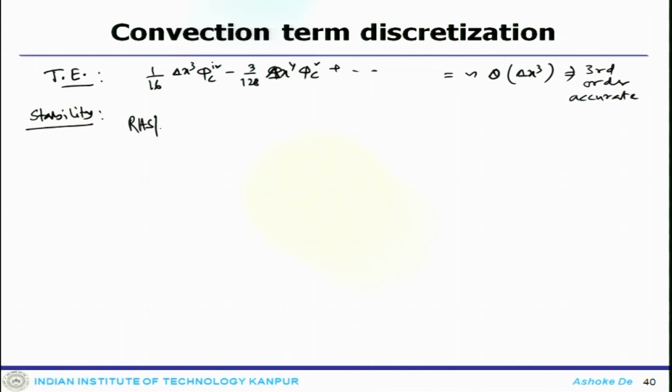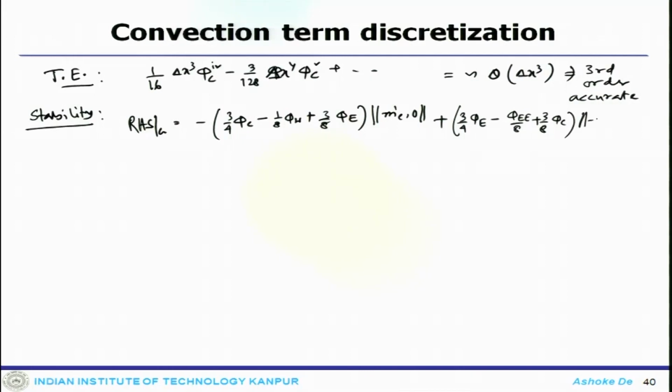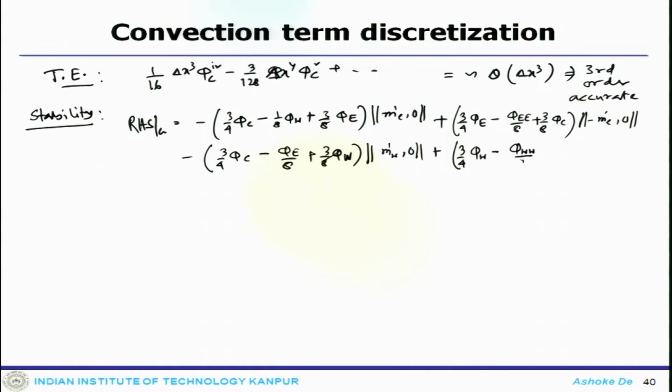If you look at the right hand side convection term, this would be minus 3/4 phi c, phi w, 3/8 phi e, m dot e 0, plus 3/4 phi e minus phi e by 8, 3/8 phi c, m dot e 0, minus 3/4 phi c minus phi e by 8, 3/8 phi w, then 3/4 phi w minus w w by 8 phi c.